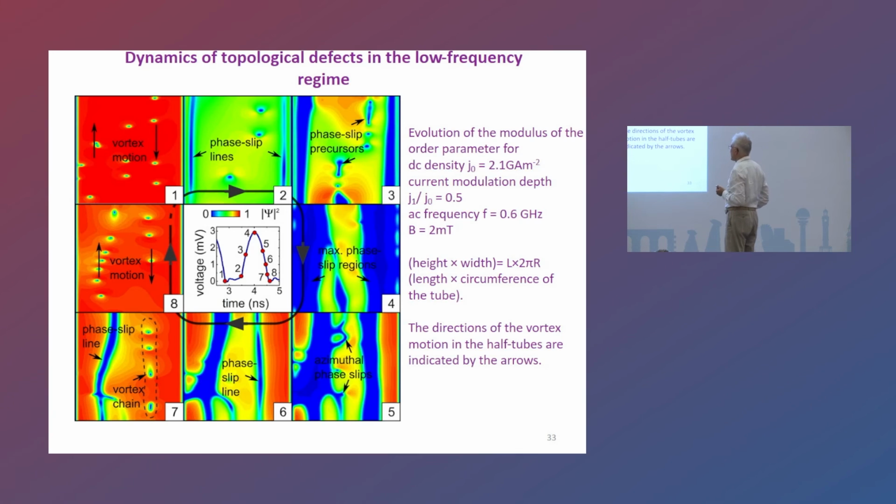Next one, which shows a very rich set of transitions between vortices, phase slips, and combined structures, which certainly are reflected in the voltage as a function of time. Next one.